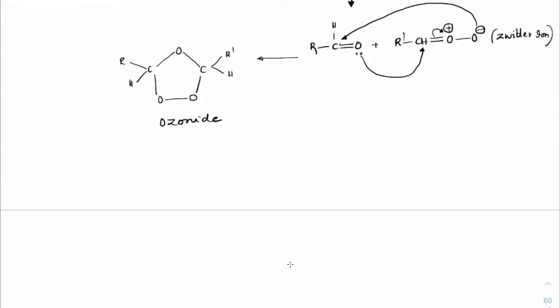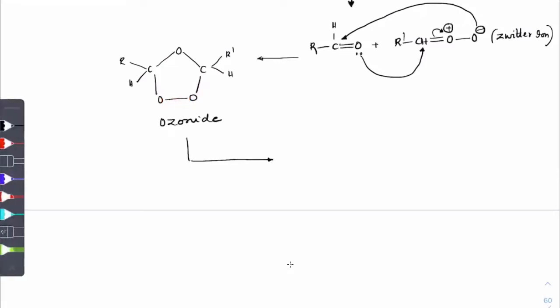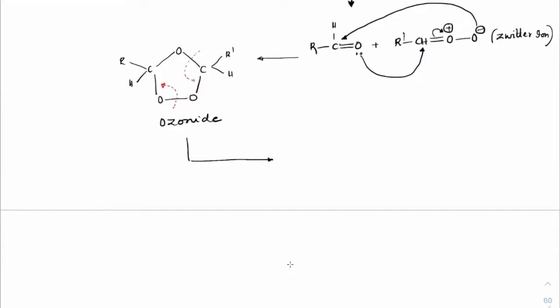Again, this ozonoid doesn't stay for long because it would still have a peroxy linkage. So this bond will try to break. How does it try to break now? From here, the bond will try to break on this carbon to get a double bond. As soon as it gets a double bond here, this carbon will try to break bond with that oxygen, and this oxygen is trying to take away electrons from carbon.